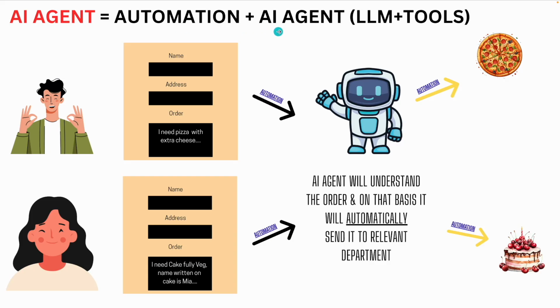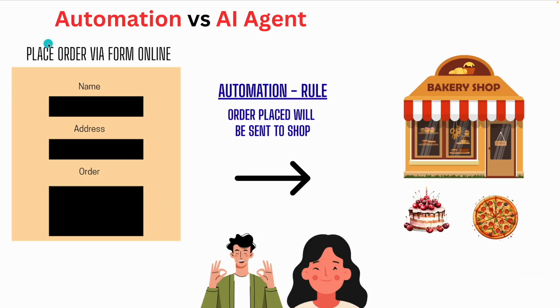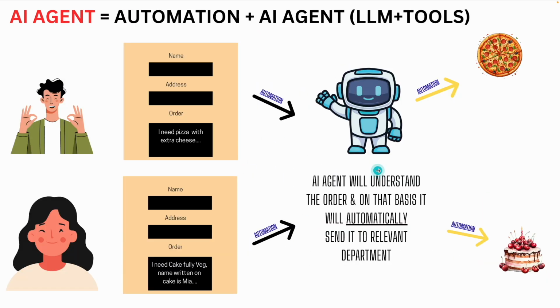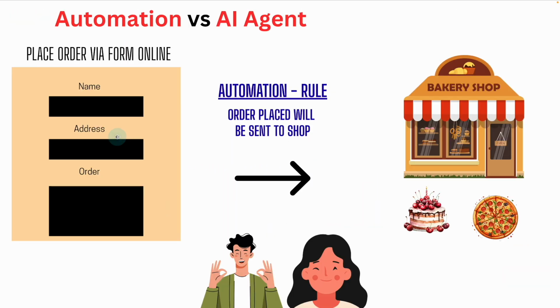Automation plus all the AI agent capabilities. So that's the difference between automation versus AI agents. I just tried to explain it with this example, but hope you guys have got a little bit of an idea about the difference between automation versus AI agent.